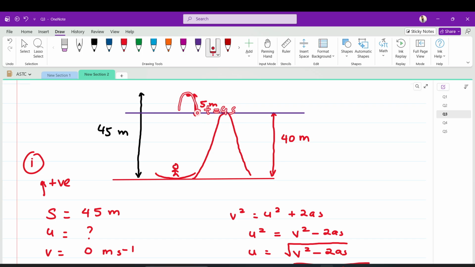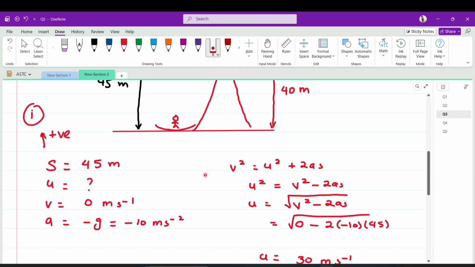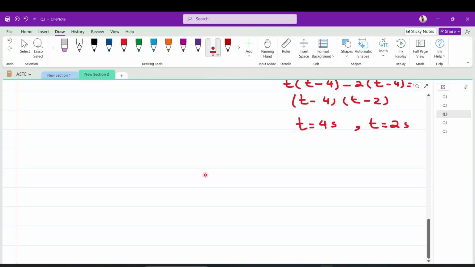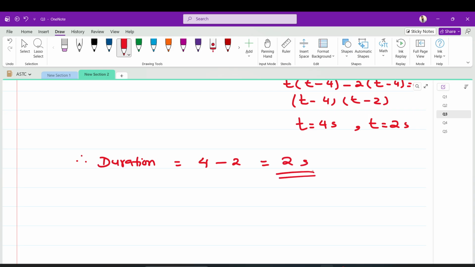So therefore the duration for which it was above the cliff was 4 minus 2, which is equal to 2 seconds. Therefore duration equals 4 minus 2 equals 2 seconds.